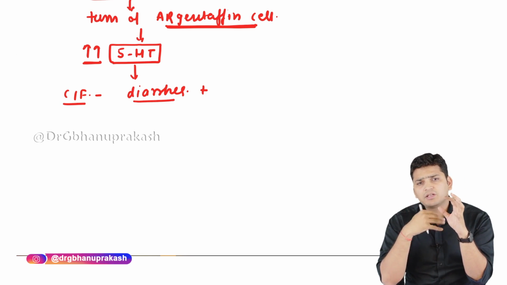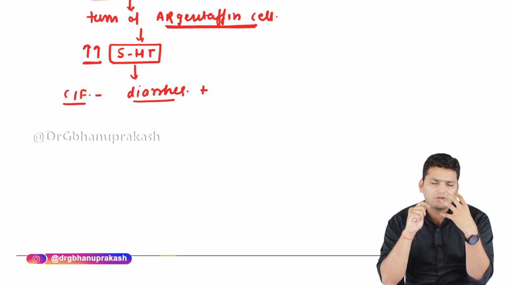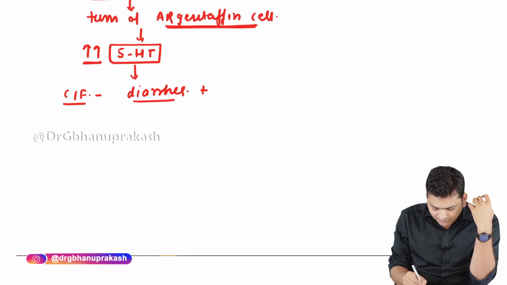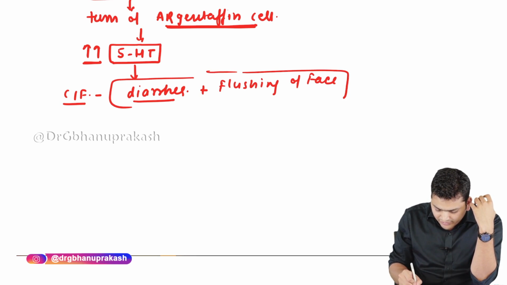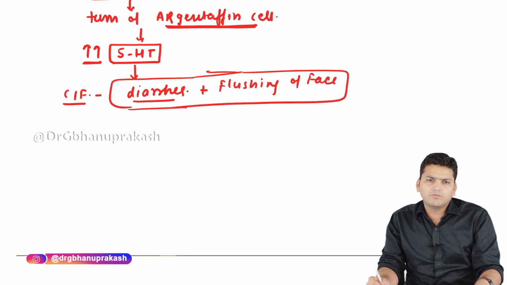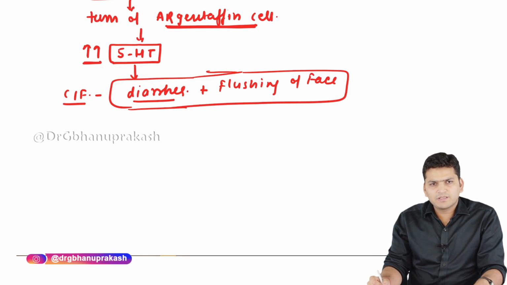Because of facial plethora, the face of the patient looks like a red hot tomato. So that is called flushing of the face. Whenever you see these two symptoms in any patient, refractory diarrhea, continuous diarrhea, and along with that flushing of the face, we should always suspect carcinoid.